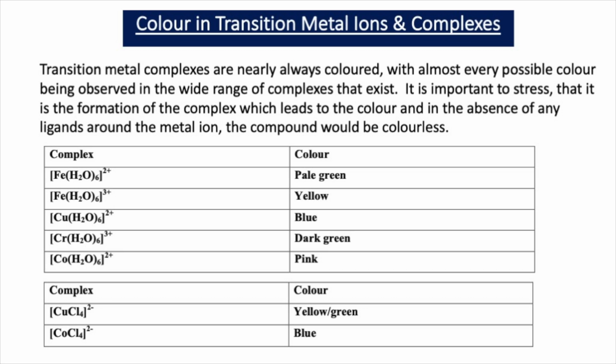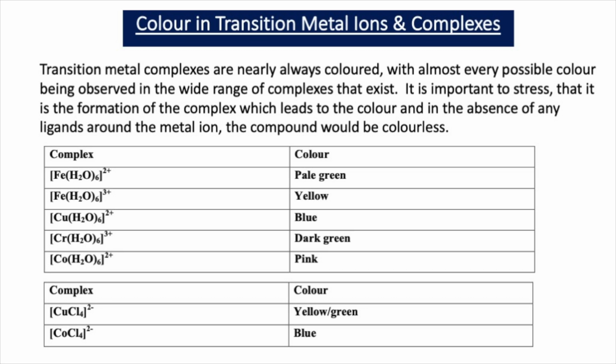On this slide are examples of transition metal complexes that either have octahedral shapes or tetrahedral shapes and the different colours that they exhibit when they're present in compounds. For example, the presence of an Fe(H2O)6 2+ ion gives rise to a pale green colour, while the presence of an Fe(H2O)6 3+ ion gives rise to a yellow colour in compounds.